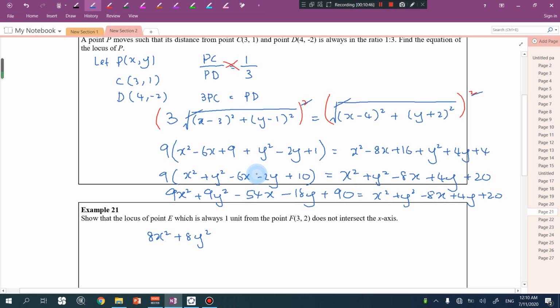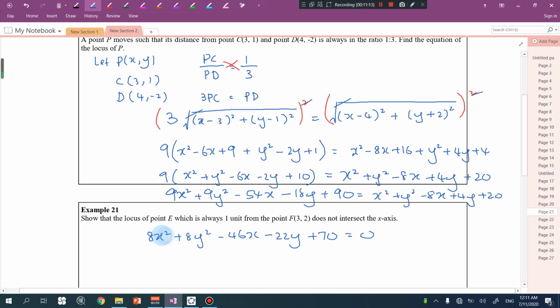So minus 54 plus 8, it will become minus 46, right? Okay, correct. Minus 46x. And then the 4y positive bring over here become negative. Minus, this is negative 18y minus some more 4y, you get negative 22y. 20 bring over here become minus 90 minus 20, you will get 70.